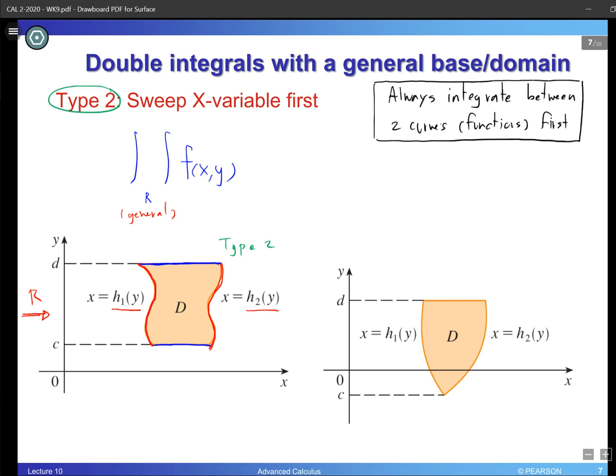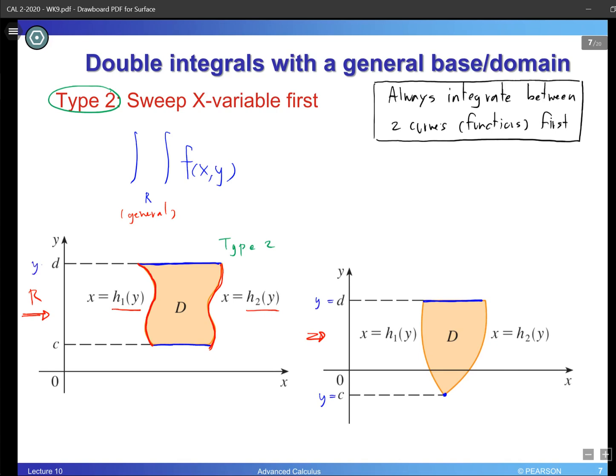What about this one on the right hand side? We have this constant value at the upper boundary at y equal to d, and then the lower part, not so much. We have just a point, but it turns out to be a constant. Even though it's just one point, it's a constant at y equal to c, and this one y equal to d. Same thing here.